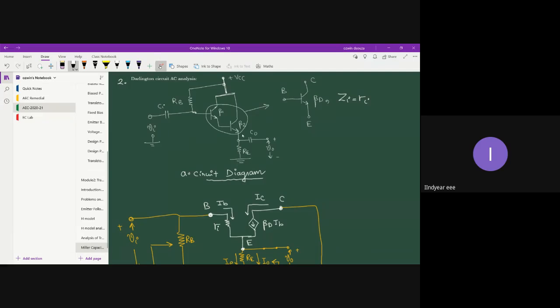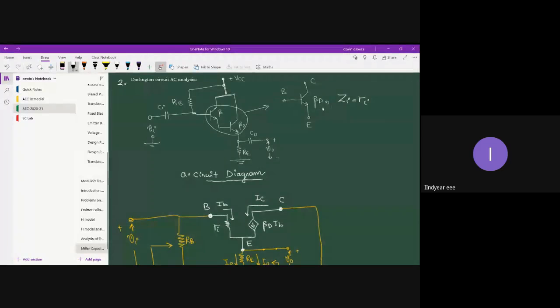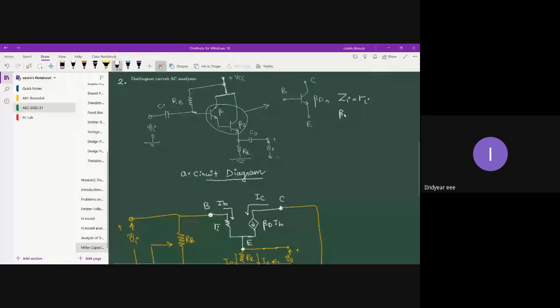There are two transistors having individual gains beta 1 and beta 2. So for our analysis, we will consider these two transistors as a single transistor with an overall gain beta D. That overall gain beta D, we can define as beta 1 into beta 2, which is approximately beta square, provided beta 1 and beta 2 are very close to each other or identical.